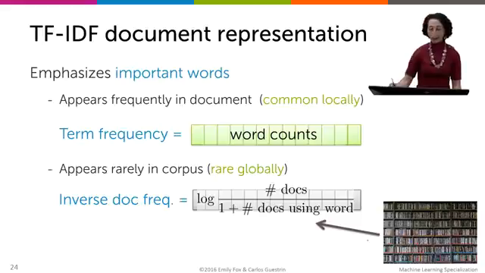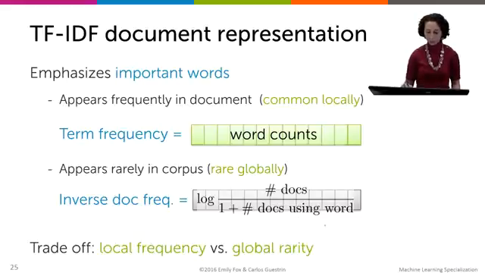We go to our entire corpus of documents, so every article out there, and one common way to compute the inverse document frequency is the following form, where you have the log of the number of documents that you're looking over, but importantly divided by 1 plus the number of documents that use the given word. That's the really key thing that's going to allow us to downweight words that appear frequently in many, many documents.